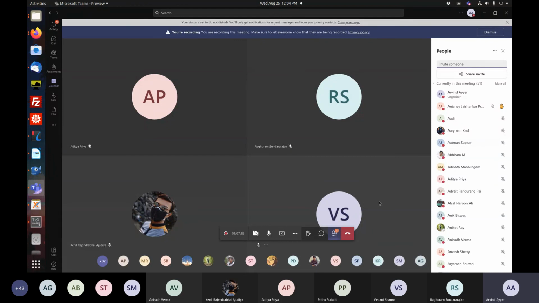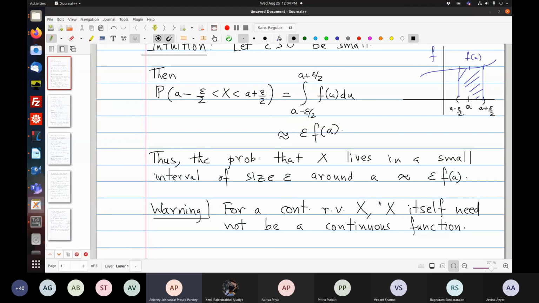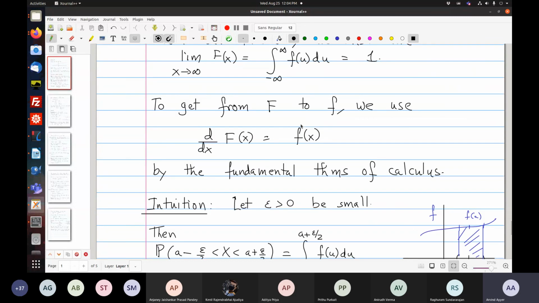Yes, Anjanaya? Sir, while defining the continuous RV, we are expressing it as an integral of f(u) du. Sir, what is the variable u? We haven't defined it anywhere, no? No, u is a dummy variable. This is just like, I could say f(t) dt, it doesn't matter. This is a definite integral, so I'm going to get a numerical answer at the end.